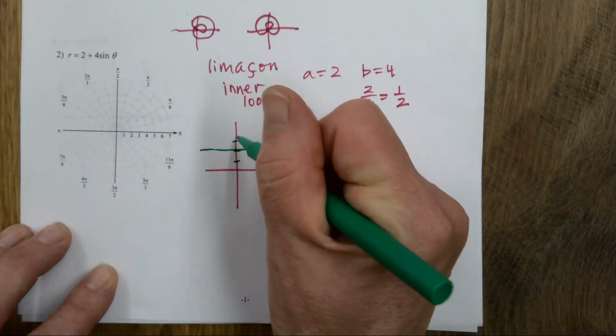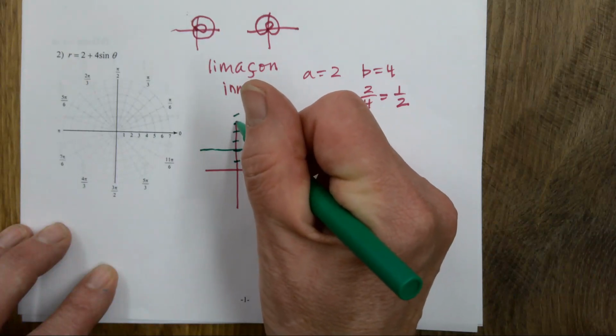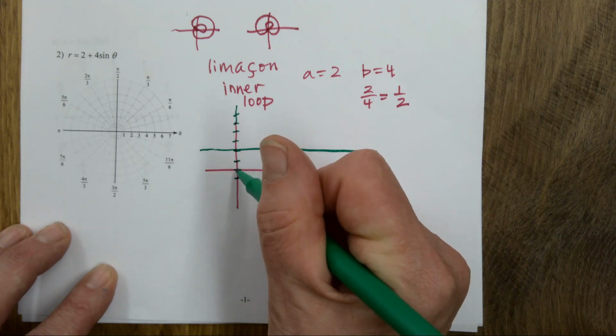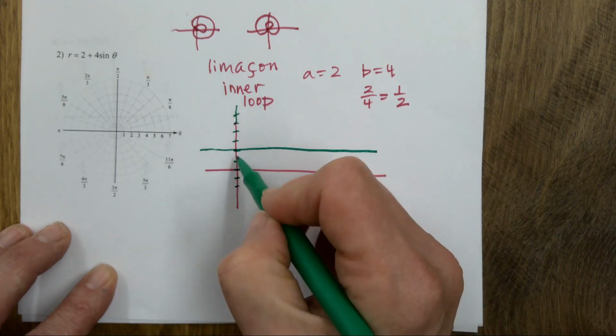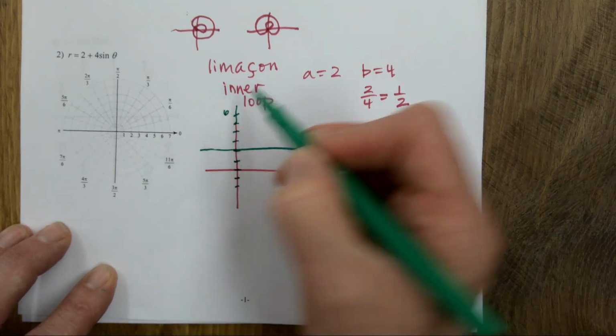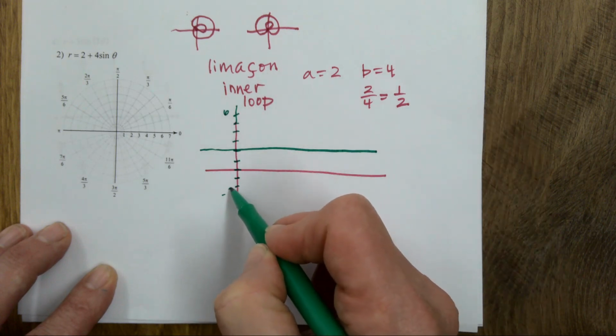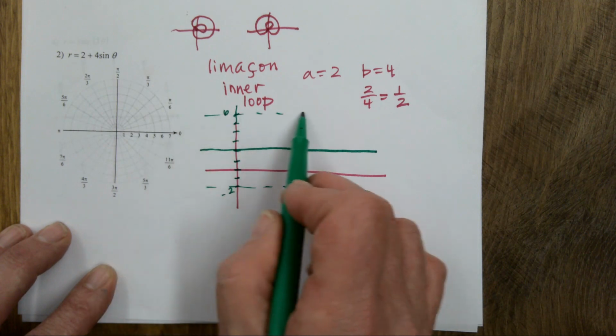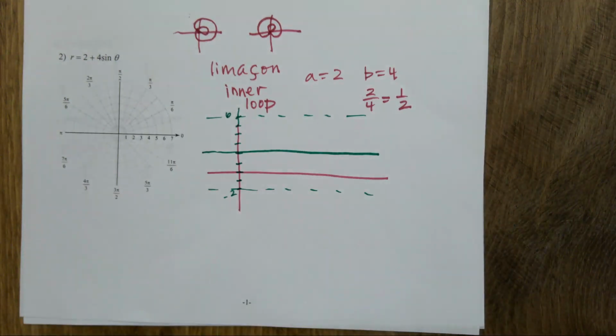Tops out 4 above, bottoms out 4 below. So it's going to be at 6 is the high point, at -2 is the low point, and now I'm going to get all my other stuff labeled, and we'll sketch our graph.